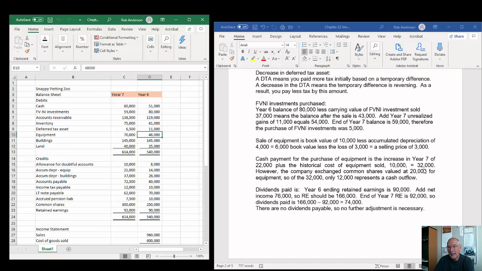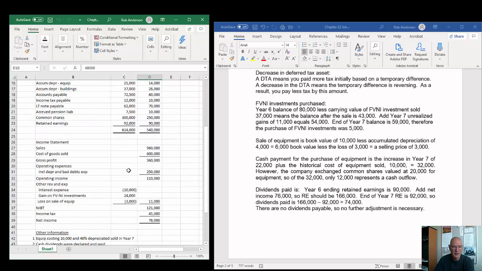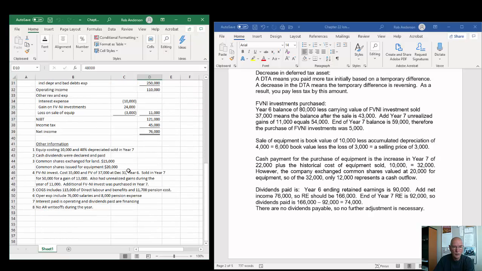We didn't just buy 32, because if we look at this other information, 2 times we exchanged common shares. Now, I know this says land. Let me see, here's equipment, sorry. Our common shares issued for equipment were 20,000. So even though our equipment increased by 32,000 in the year, 20,000 was financed through an exchange of shares.